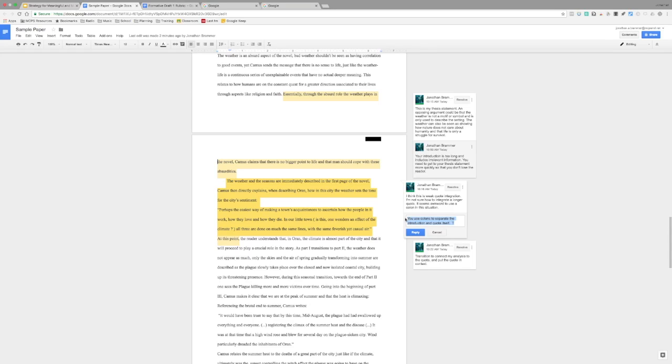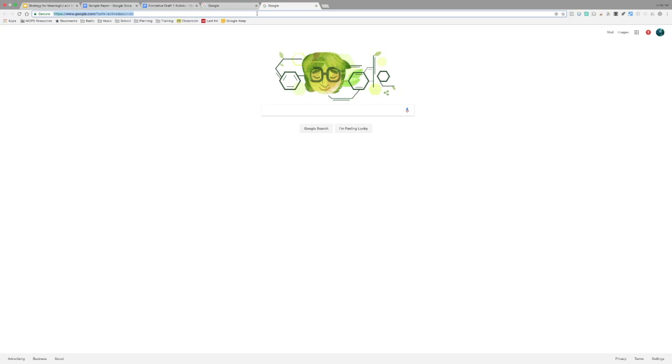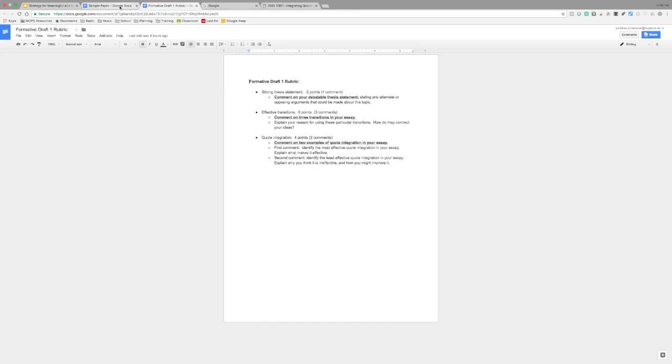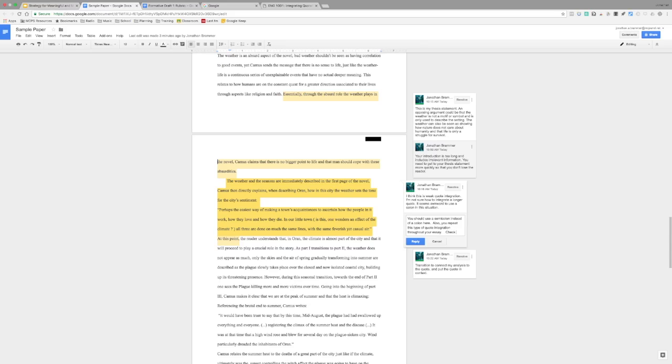So I would tell him that it should be a semicolon, and that he repeats this type of quote integration throughout his essay. There's also a good summary of how to properly integrate quotes, so I might say check out this resource and copy and paste that guide on how to correctly integrate quotes into my comment.